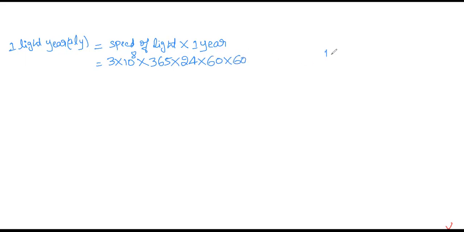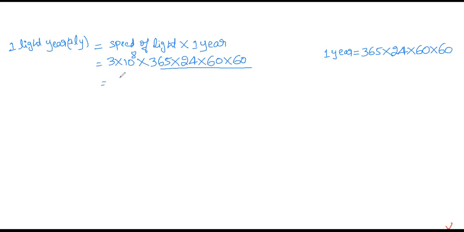See, 1 year can be converted into days. 365 days, for 1 day we have 24 hours, for 1 hour we have 60 minutes, for 1 minute we have 60 seconds. This multiplication gives the 1 year value.